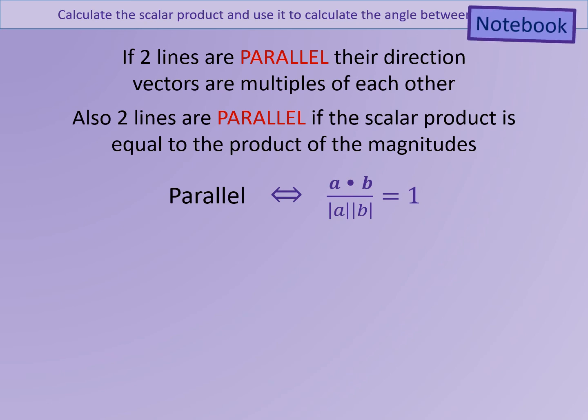In other words, if we take two vectors A and B, where one is a scalar multiple of the other, then the value of A dot B will be the same as the magnitude of A multiplied by the magnitude of B. This means that this fraction will always become 1, and since inverse cos of 1 is 0, that tells us that the angle between the two lines will be 0, so they must be parallel lines. You may like to check this fact by taking two parallel vectors and calculating A dot B over the magnitude of A times the magnitude of B, and verifying that we get the answer 1.